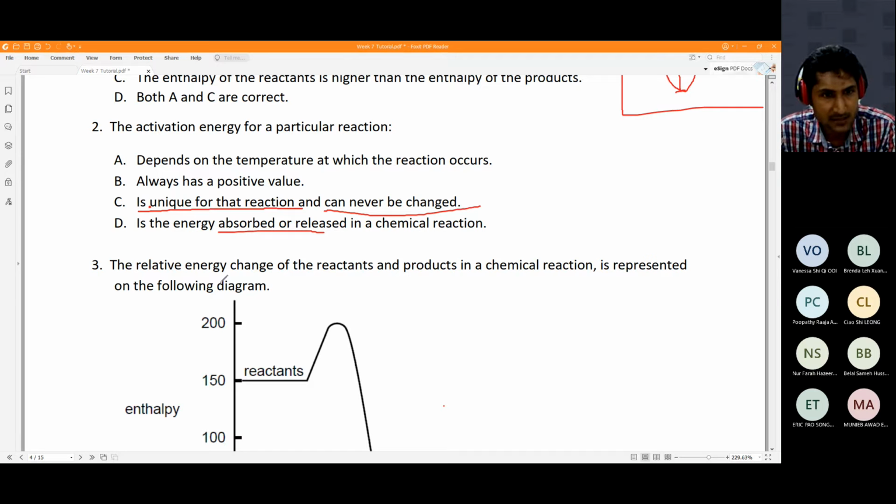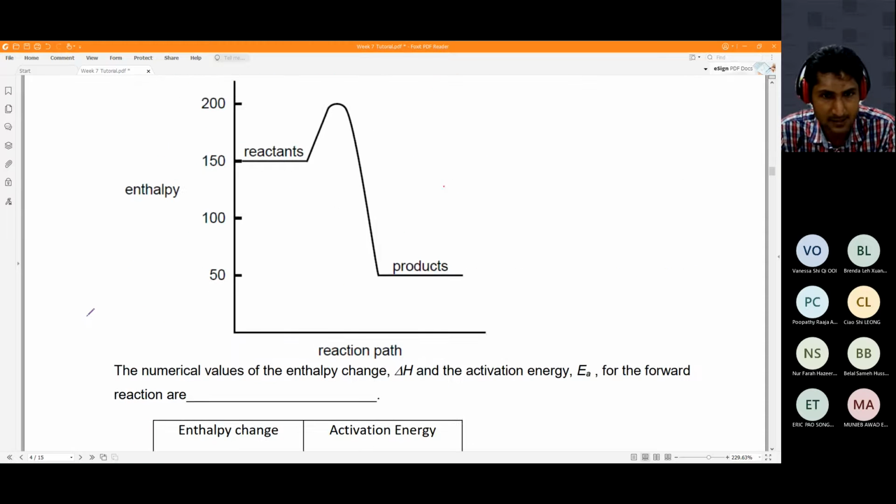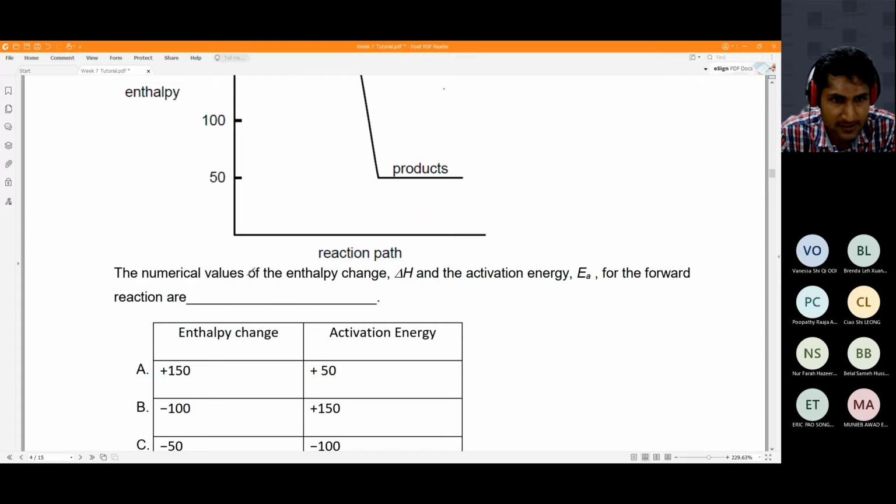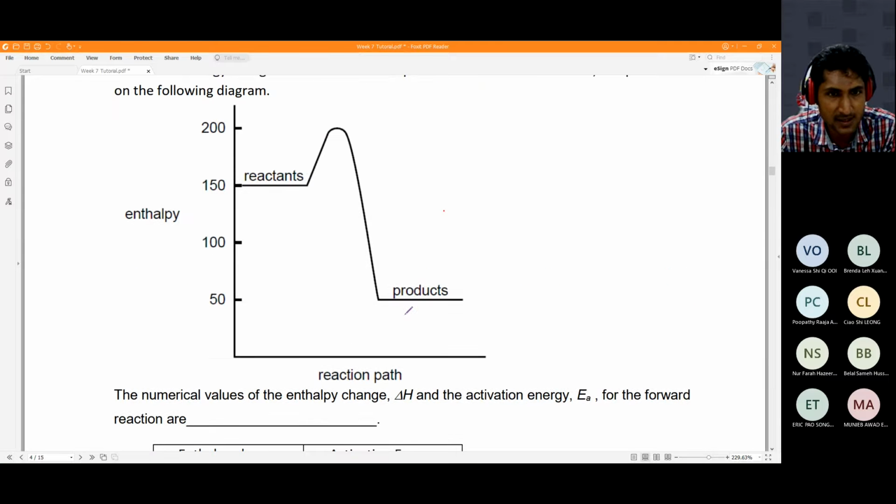Question number 3 says the relative energy change of the reactants and products in a chemical reaction is represented on the following diagram: reactant and product. The numerical values of the enthalpy change ΔH and the activation energy EA for the forward reaction are... it is quite easy actually. I think you already have done it.